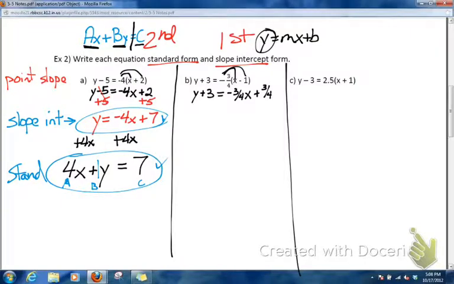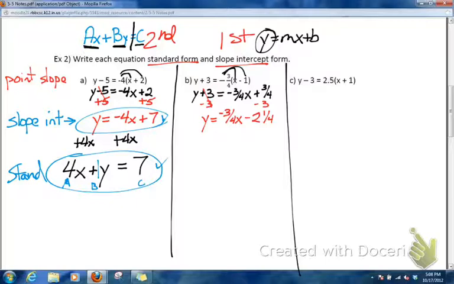So again, it's pretty simple because all you have to do is solve for y. Well, in this case, to solve for this y, you're just going to subtract 3. Subtract 3 over here. We have y equals negative 3/4 x, and positive 3/4 minus 3 is going to give me negative 2 1/4.